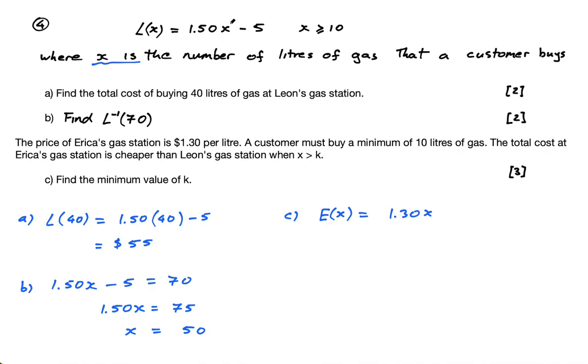But if you buy a lot of fuel, this is going to be more expensive. Think about it. If you buy 100 liters, this times 100 is 150 minus 5 is 145. This times 100 is 130. So if you buy lots of gas, this guy's more expensive. But we want to find out when does Erica's become cheaper than Leon's.